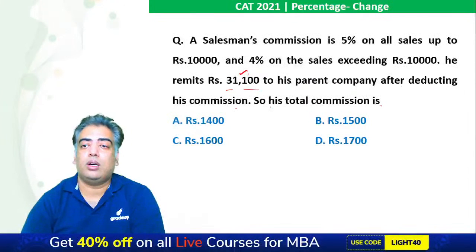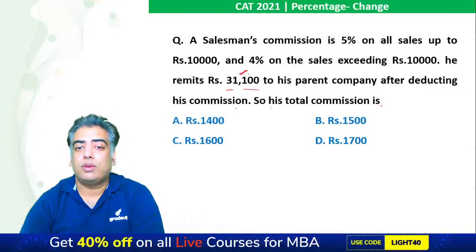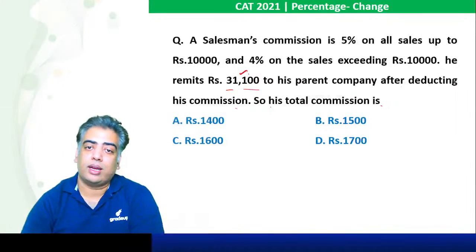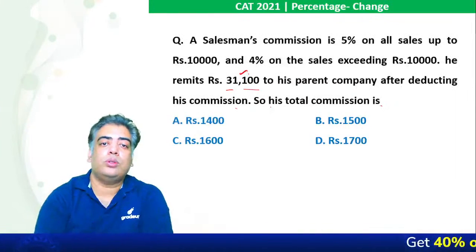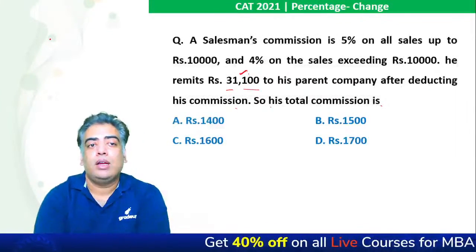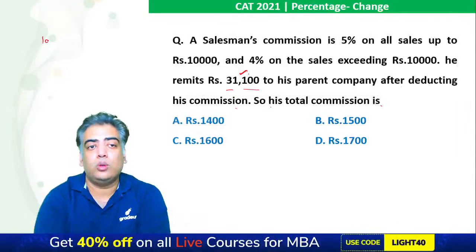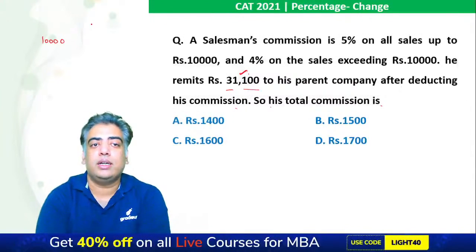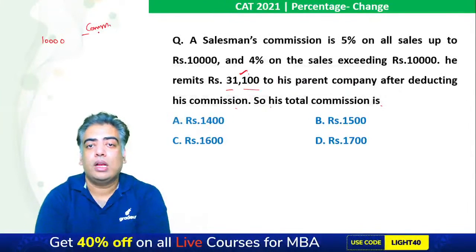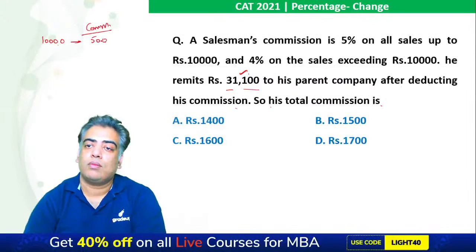So we need to figure out what was the commission part, right? Now in order to do so, as it is given to me that from rupee 1 up to 10,000, his commission is 5% of 10,000, which is rupee 500, right?